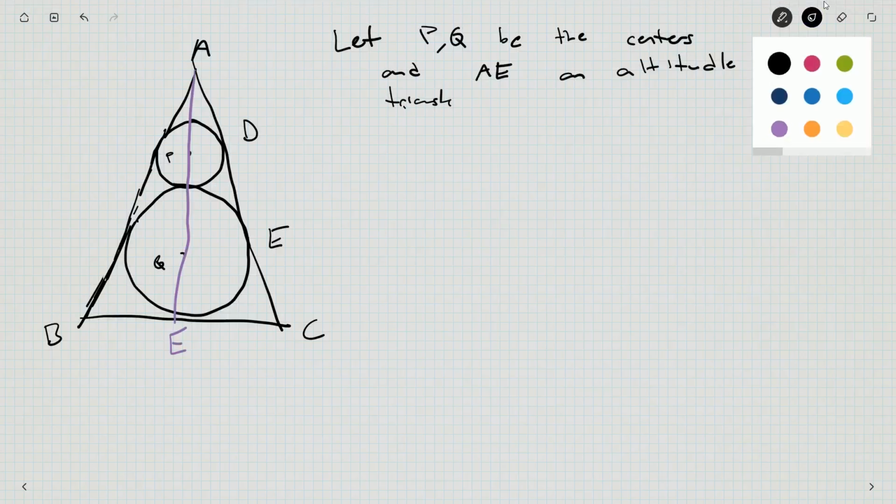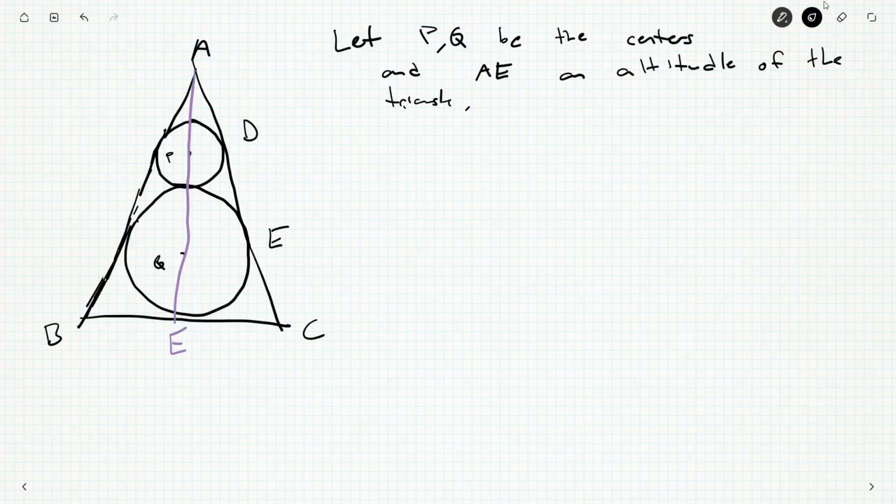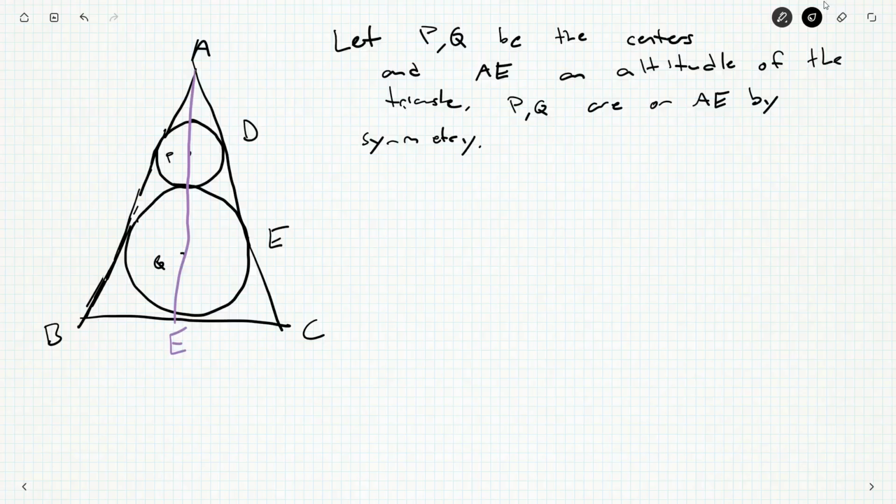We could even say that, although a picture is fine. P and Q are on AE by symmetry. So there we've used the fact that it's isosceles.